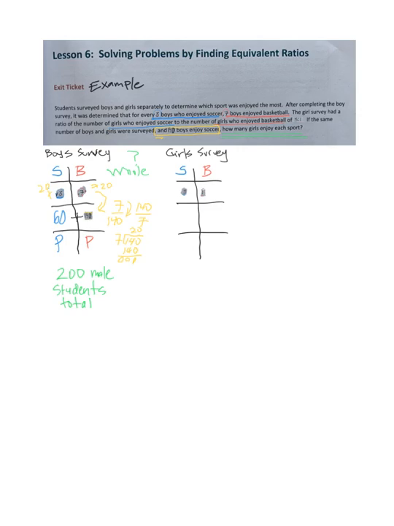So that means that the girls, if the same number of boys and girls were surveyed and 200 male students were surveyed, that means 200 female students were surveyed.